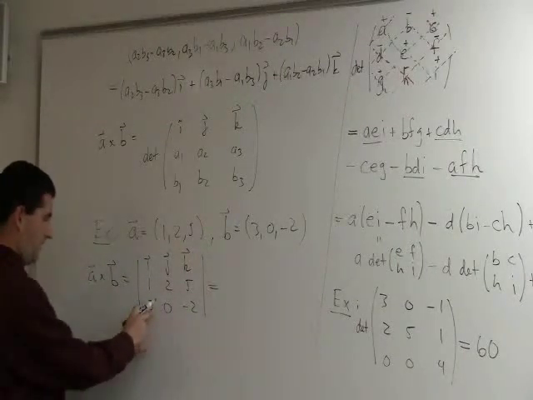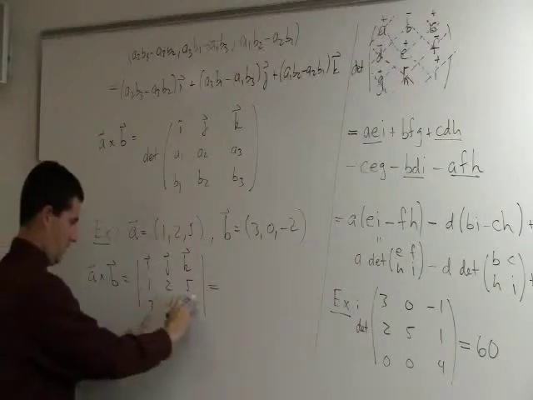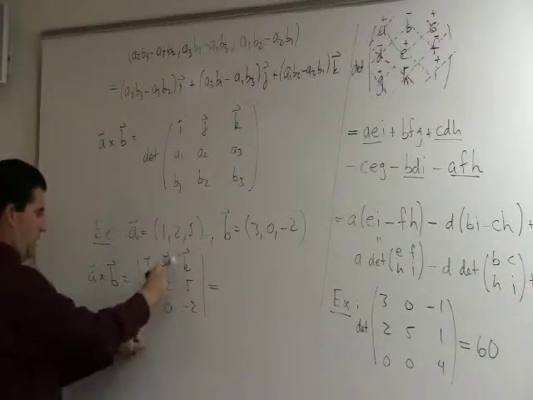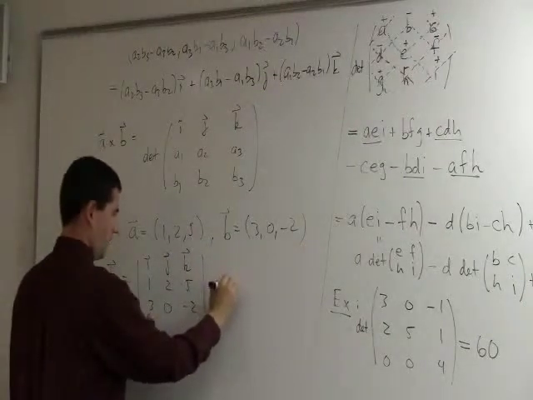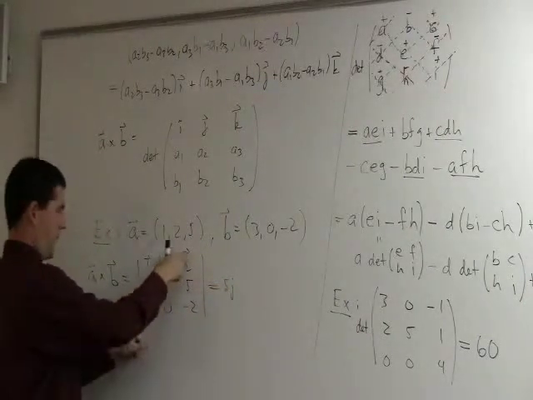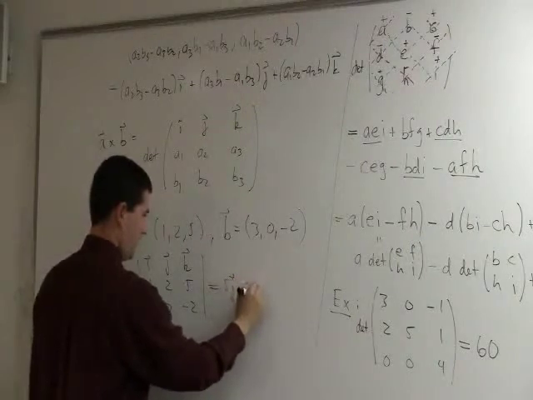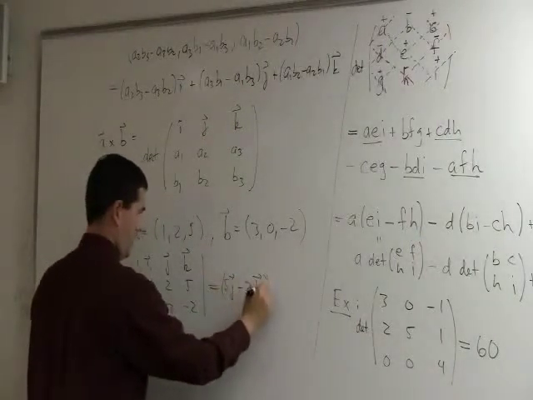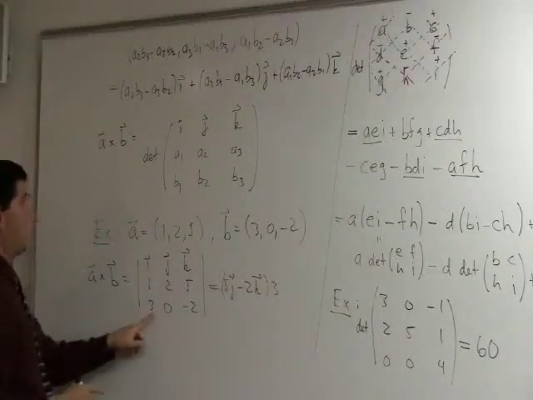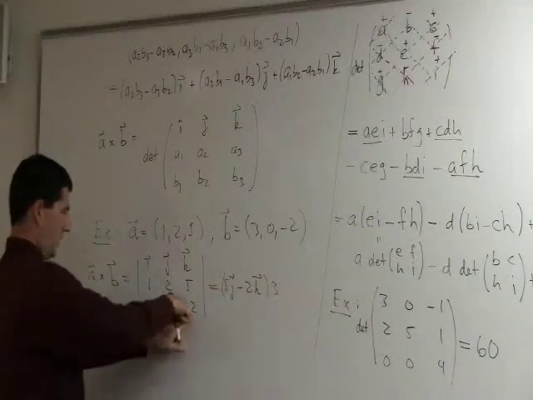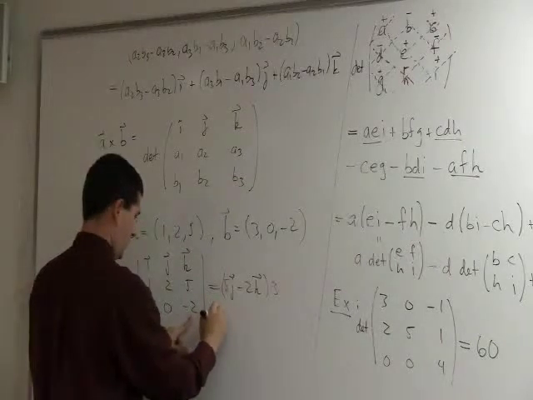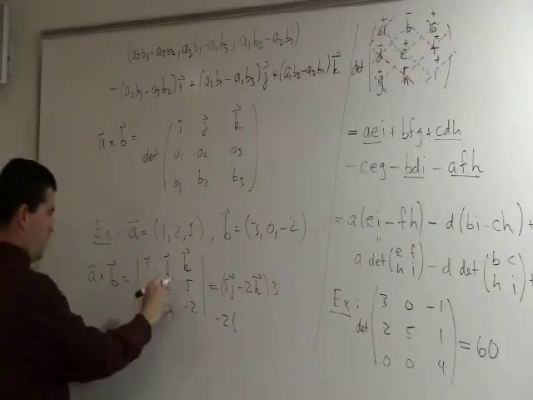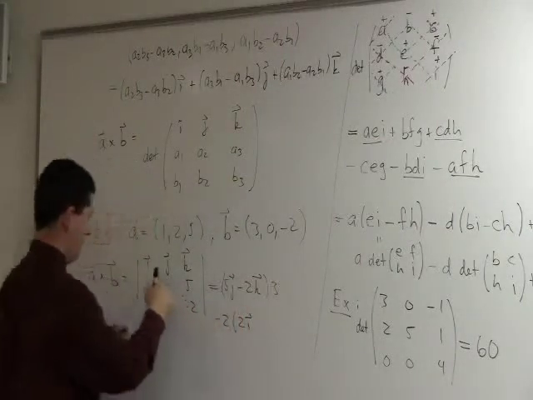So here you have a 3. You kill that row and column, and you just compute the determinant here. And that gives you 5j minus 2k. Then you have to multiply by 3, because that's the coefficient. And then over here, you have a minus 2. So minus 2 times 2i minus j.